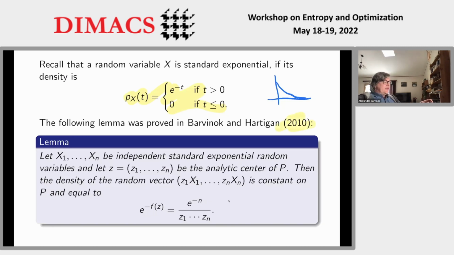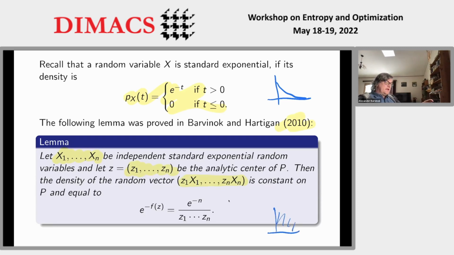What it says is: pick independent standard exponential random variables. Then compute the analytic center and use its coordinates to scale these independent exponentials. What you get is some distribution in the positive orthant, in R^n_+.